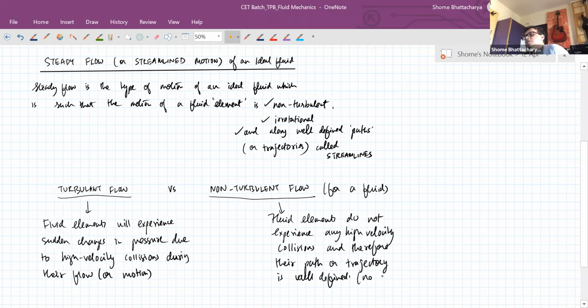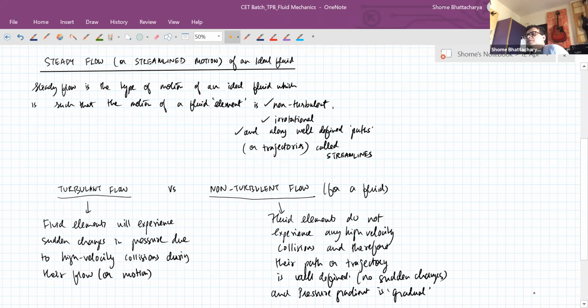It means there are no sudden changes, and the pressure gradient is gradual.